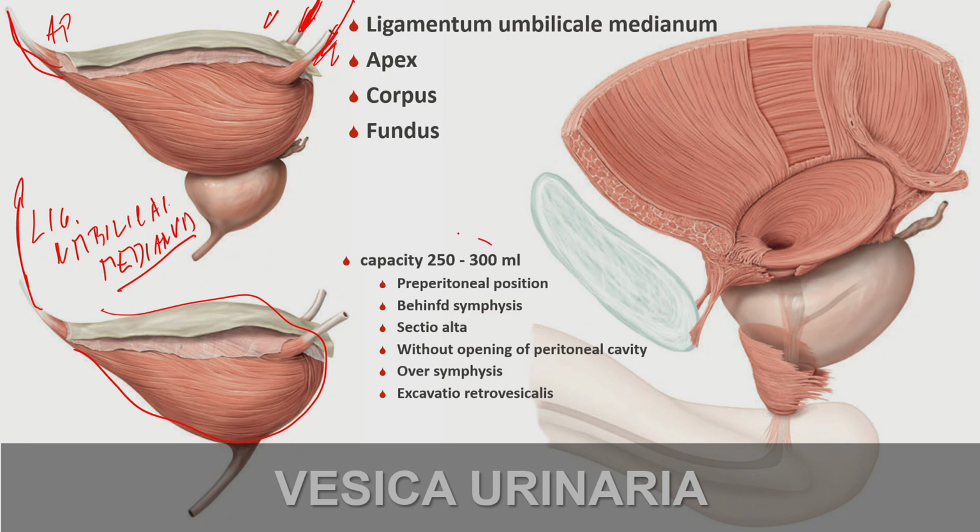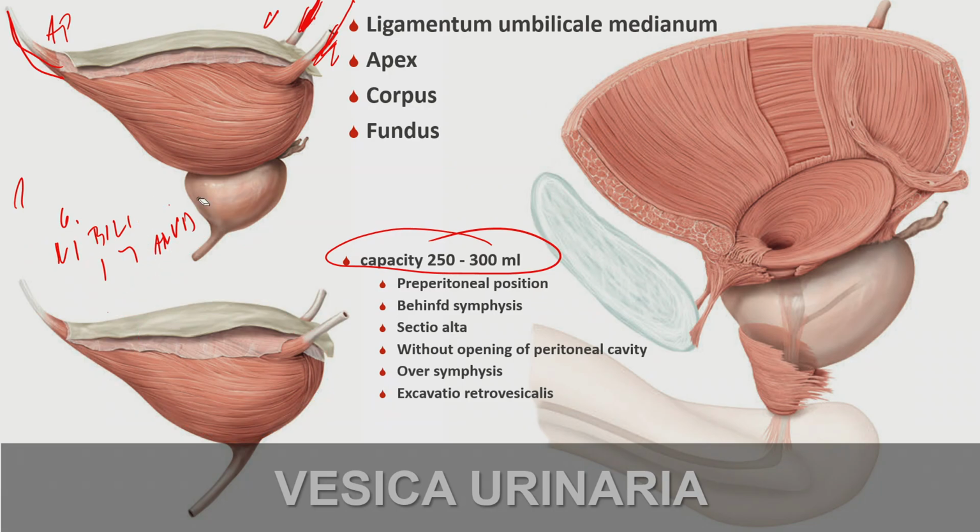The capacity of a urinary bladder is about 300 milliliters, and the capacity enlarges with dilation of the inner space, mainly upwards.